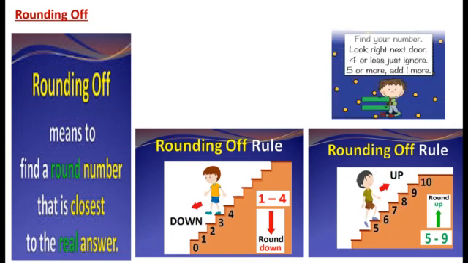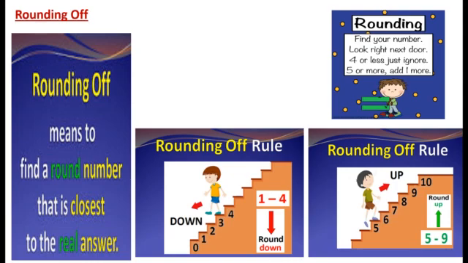Alright, so here is a small line for you all, that is, find your number. Look right next door. 4 or less, just ignore. 5 or more, add 1 more. So this is a rule which we'll be learning in our next slide.